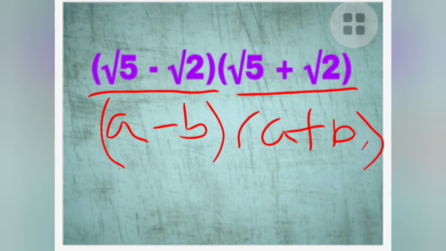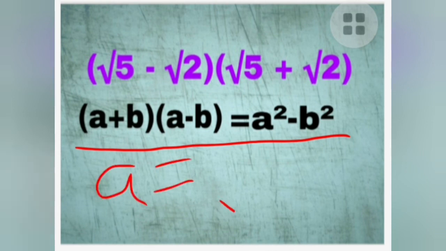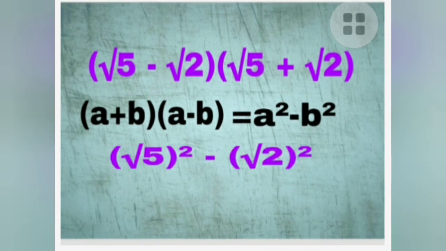Here we are applying the identity (a + b) into (a - b) is equal to a square minus b square, where we have root 5 in the place of a and in the place of b we have root 2. Just substitute these values in the place of a and b in your identity a square minus b square.